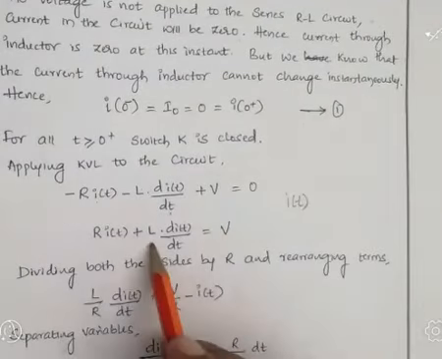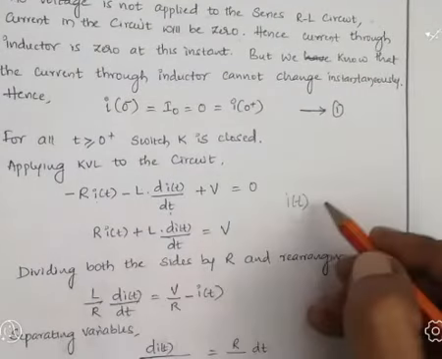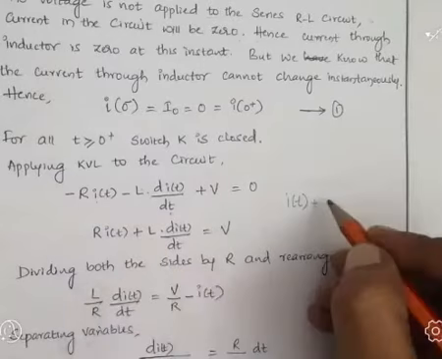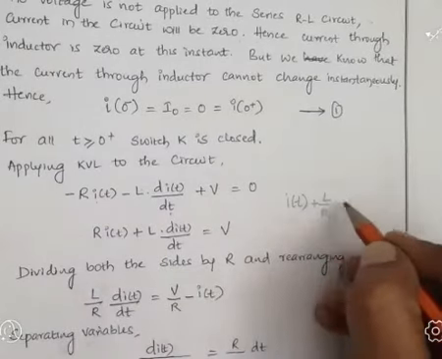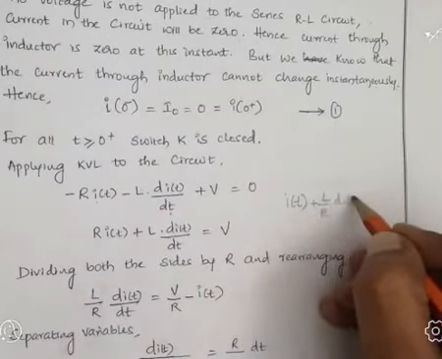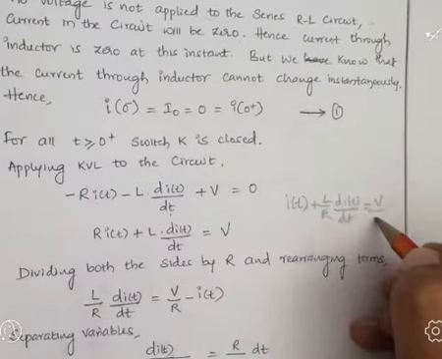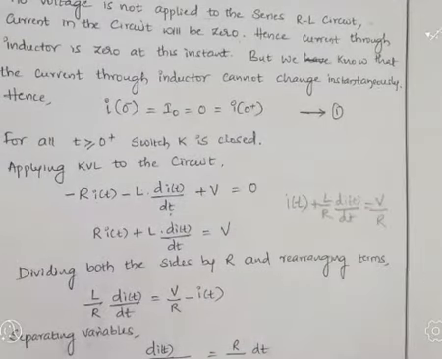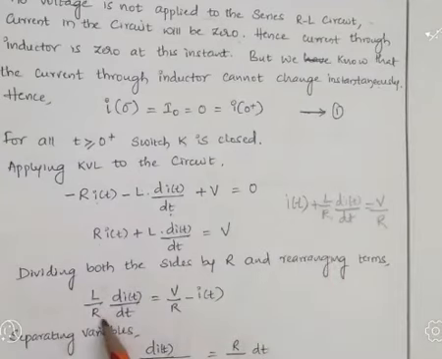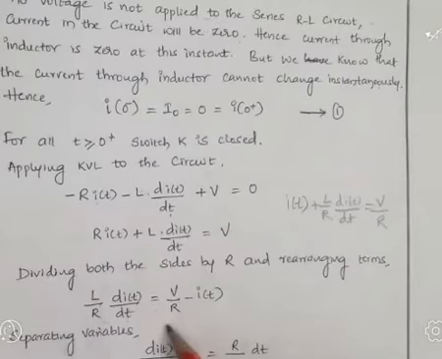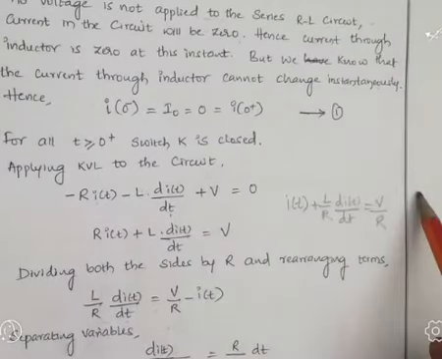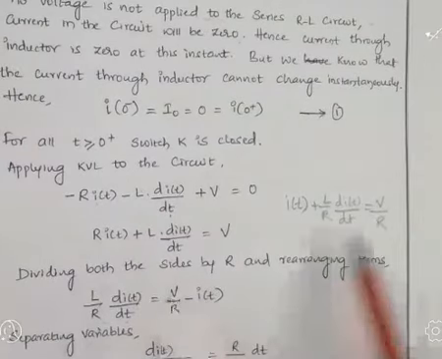Next, plus as it is, L divided by R into di(t) divided by dt is equal to V by R. Rearranging the terms, L by R into di(t) by dt is equal to V by R. This term I will take towards the RHS, it becomes V by R minus I(t).